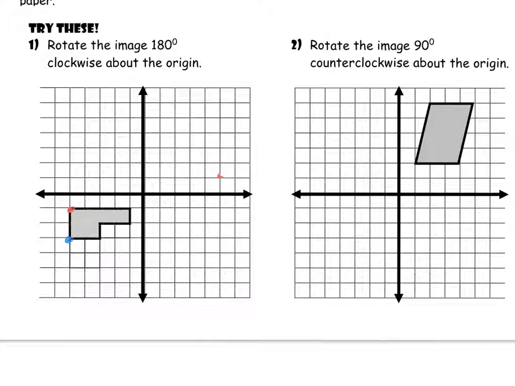Here's my next one. If I take my iPad, turn it all the way 180 degrees, so now it's upside down, to graph the blue point, I'm again moving 5 to the right, but this time going up 3. So I'm going to turn my iPad back to the way it started, move to the right 5, and then up 1, 2, 3.